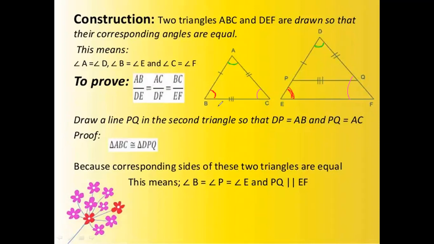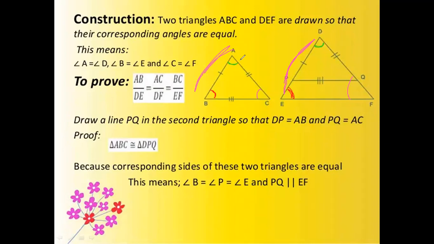So how do we prove that one? If we take it into a ratio, AB over DE, so that we can check that they are really similar. And then we can use also the ratio AC.